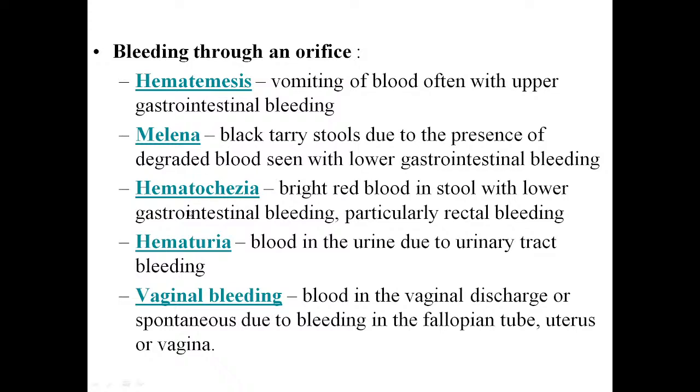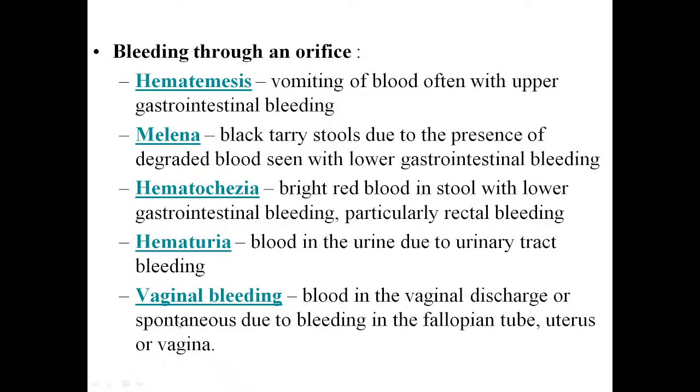Hematochezia. What is hematochezia? It's bright red blood in stool with lower gastrointestinal bleeding, particularly rectal bleeding. And next symptom, hematuria. Hematuria is blood in the urine, due to urinary tract bleeding.